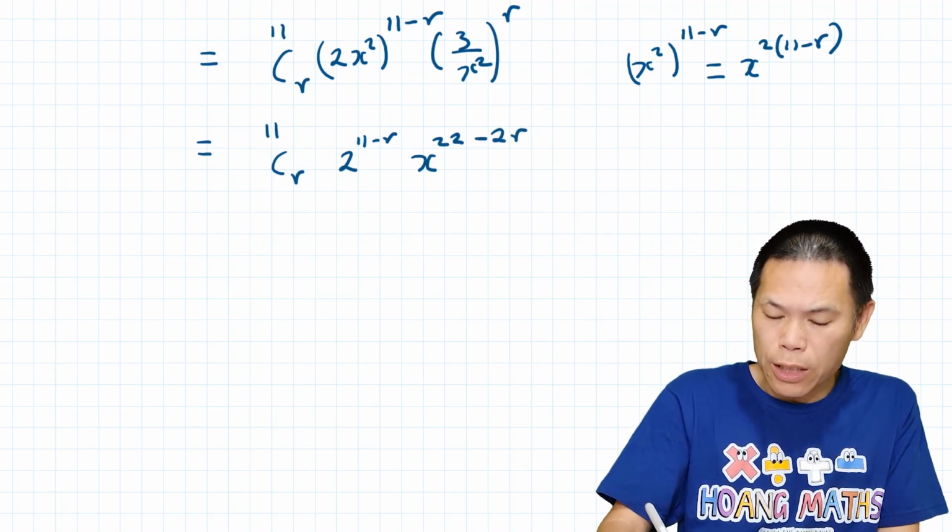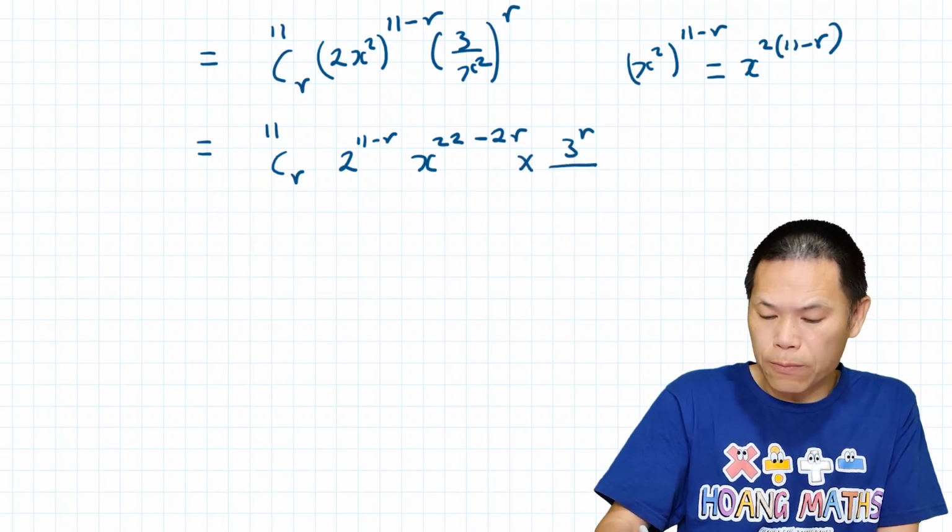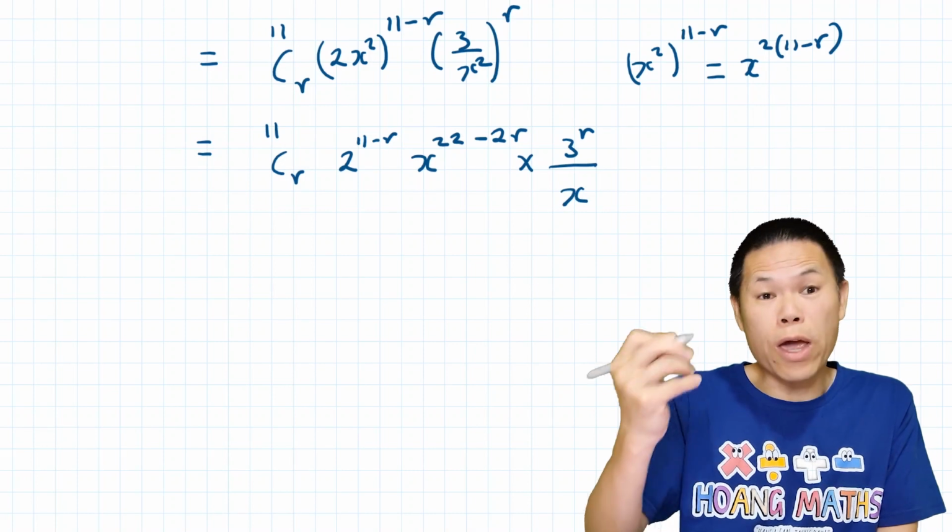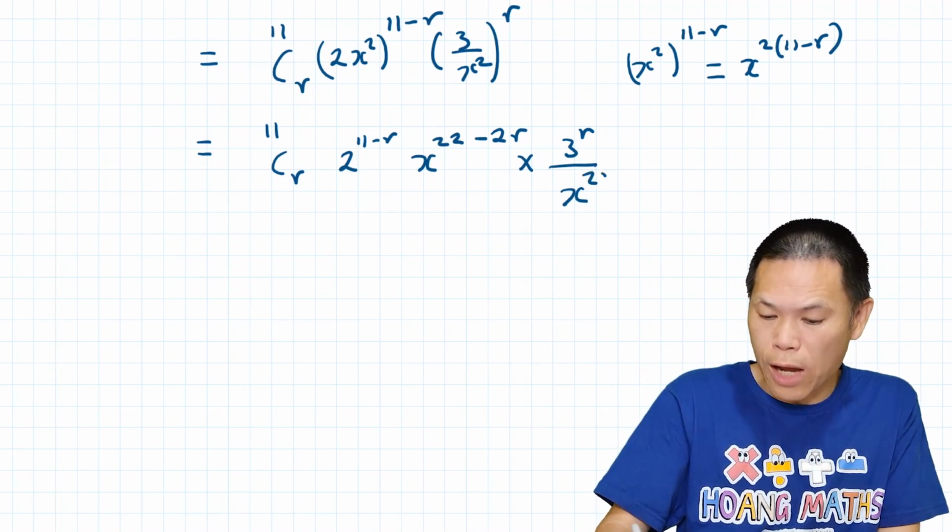And we times 3 power of R over x squared, which becomes x power of 2R.